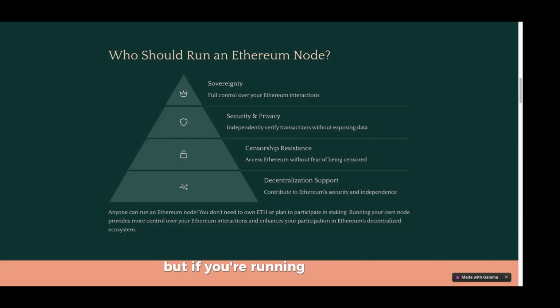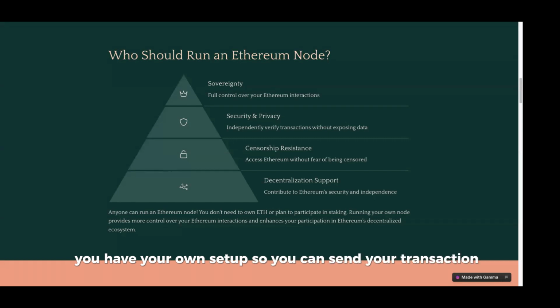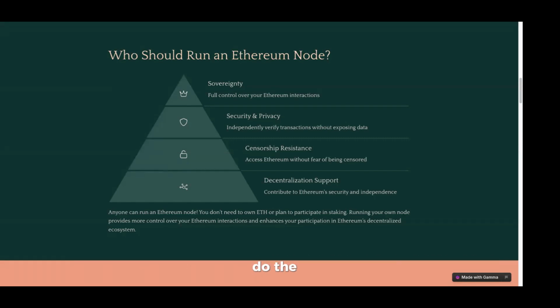But if you're running your own node, you have your own machine, you have your own setup, so you can send your transaction to your node, and then your node validates your transactions, adds it into the network, and you're good to go. So you're not depending on a third party to access your data or to validate your transaction.